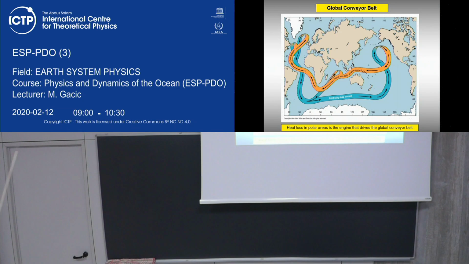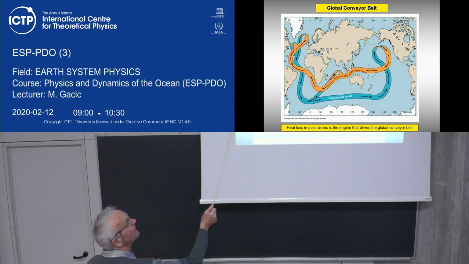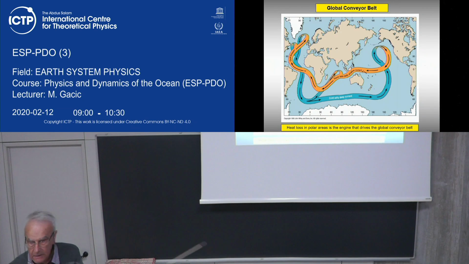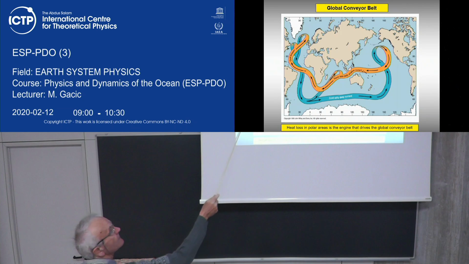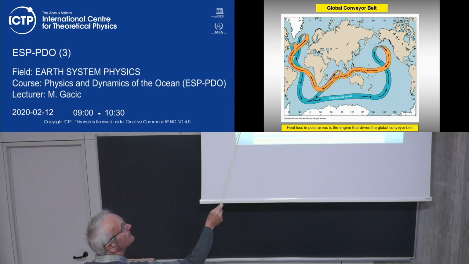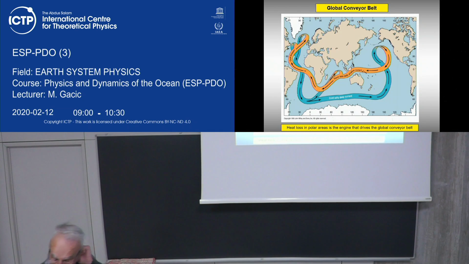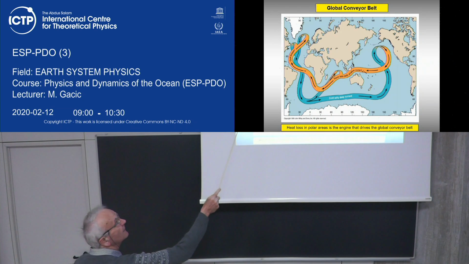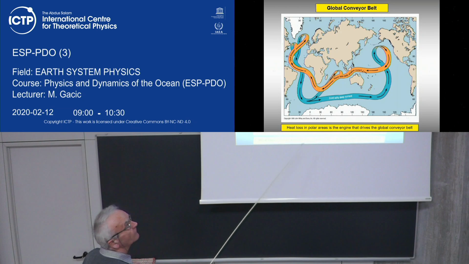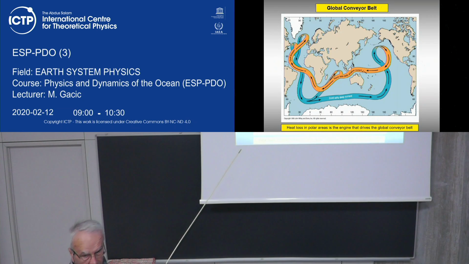And there are strong winds blowing from the continent in that area, causing intense evaporation and intense cooling. And here, in two places, there is strong sinking of the sea surface waters, and here practically is the beginning of the thermohaline or global conveyor belt.